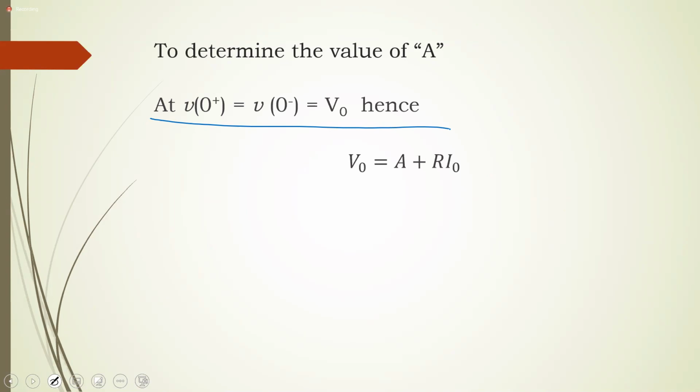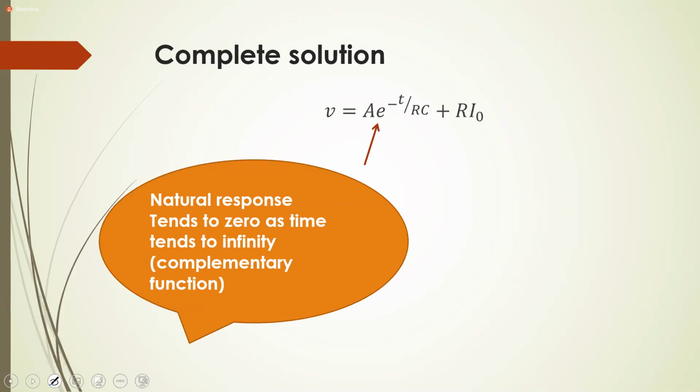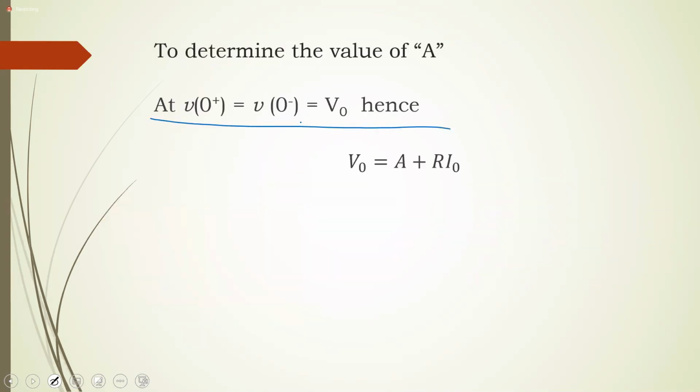So at t equals 0, remember this is the equation that we are looking at. At t equals 0, e to the 0 is 1, and we know that at t equals 0, V is equal to V0. That's where we get this.